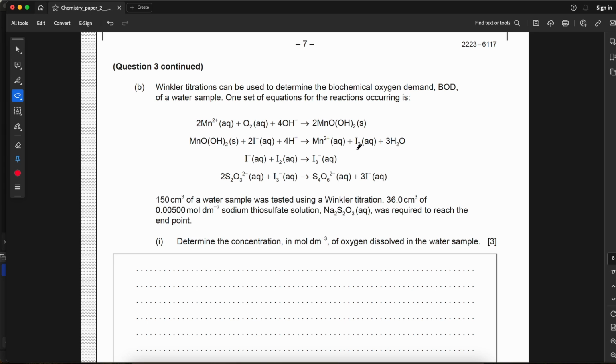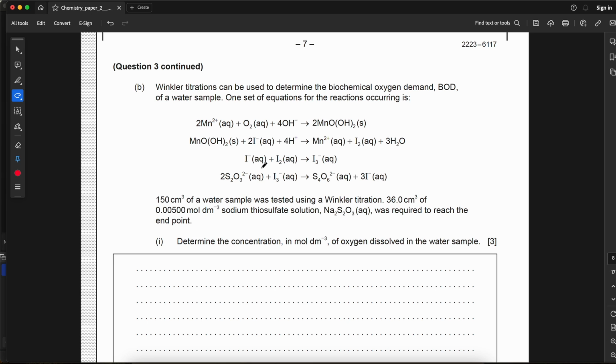The I2 reacts with excess I- to form I3-. This I3- ion is then titrated with thiosulfate. So measuring the volume of thiosulfate will help to calculate dissolved oxygen.